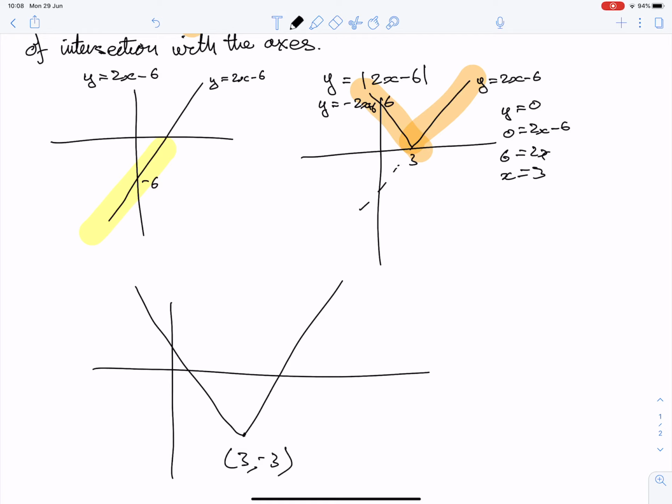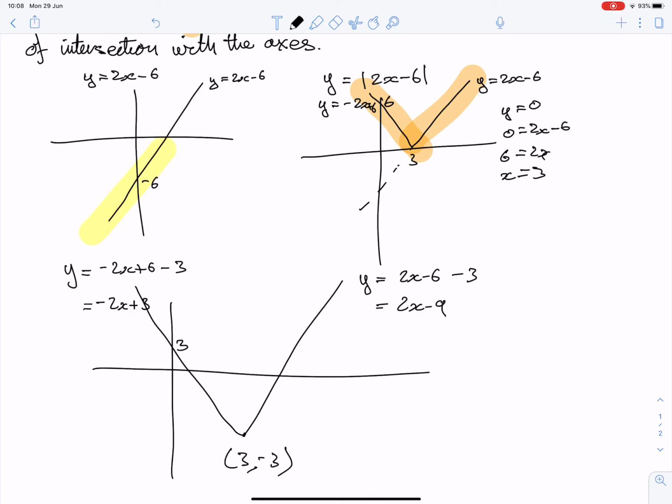When x is 0, this graph here is y equals 2x minus 6, and then we've taken away 3, so y equals 2x minus 9. This line was y equals minus 2x plus 6, and we've subtracted 3. So you get minus 2x plus 3. So this point will be 3.